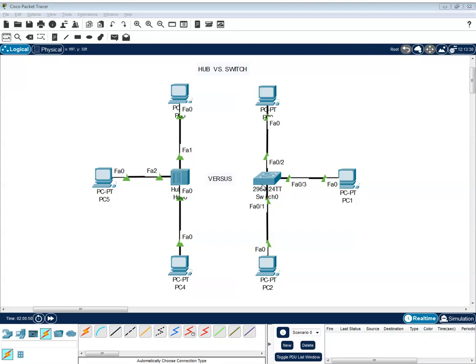That's the good thing about the switch. Another thing is this switch will also create a collision domain if this computer wants to communicate with this computer. So now let's talk about collision domain.